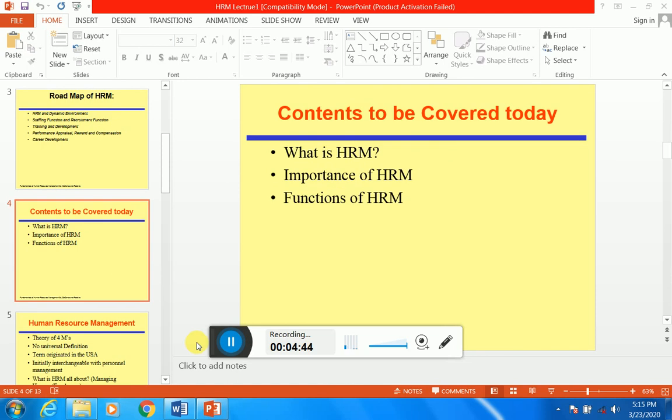In this slide, we discuss the various topics which we cover today in this lecture. These topics are: what is human resource management, the importance of human resource management, and the functions of human resource management.